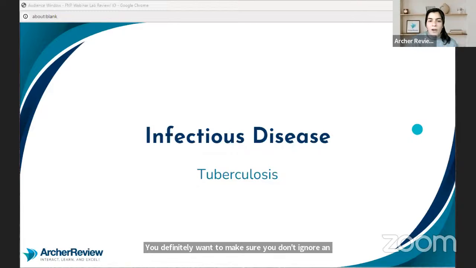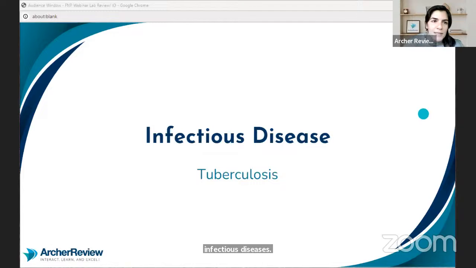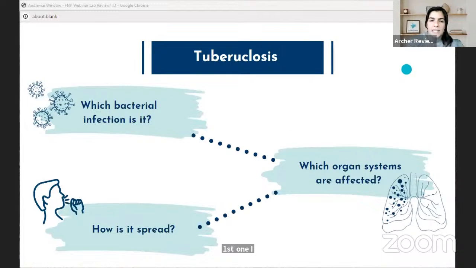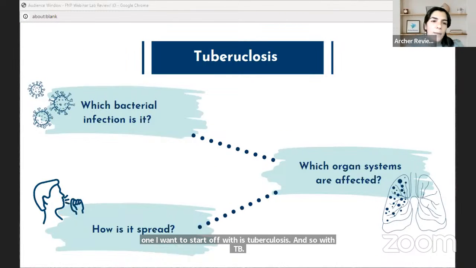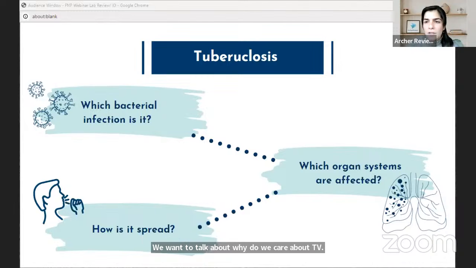Okay, so jumping into infectious diseases, the first one I want to start off with is tuberculosis. With TB, we want to talk about why we care about TB. Most of you, because you're all nurses, have had a TB test. So why do they care about TB? What's the big deal?